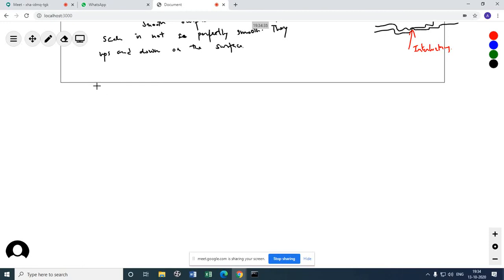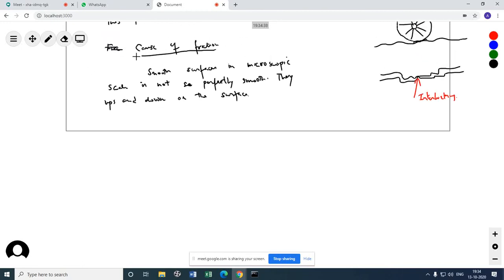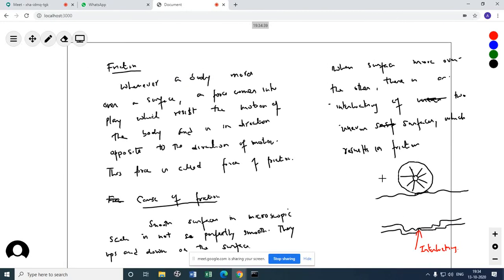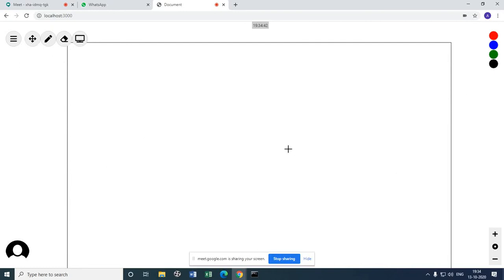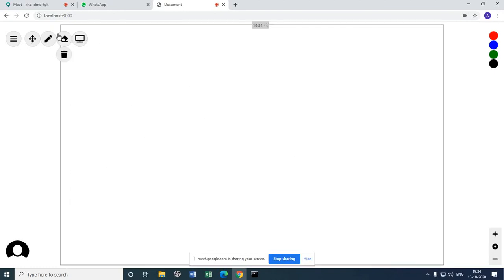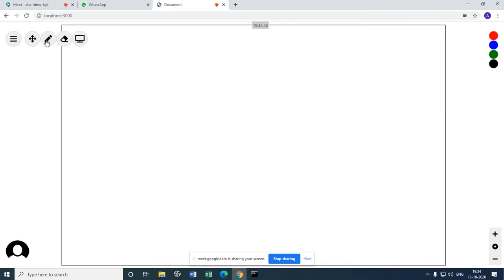You can see now the friction can be classified as static friction. May I clean it first? Yes, sir. Now friction can be classified as number one, static friction, and kinetic friction.